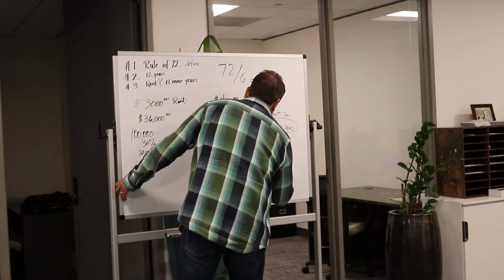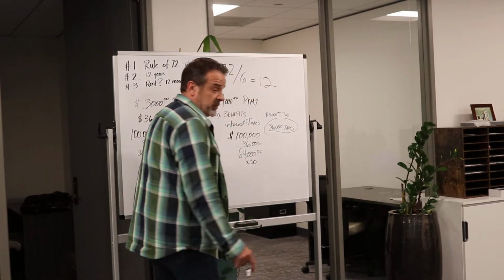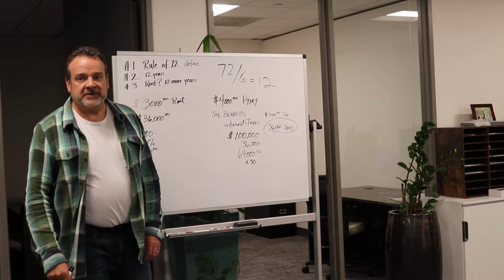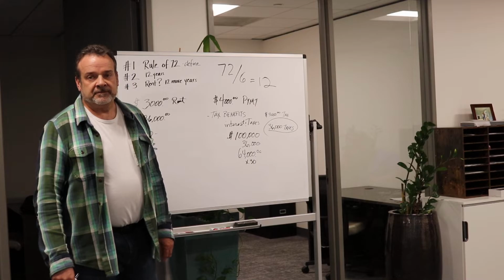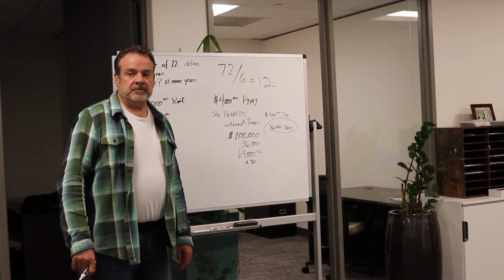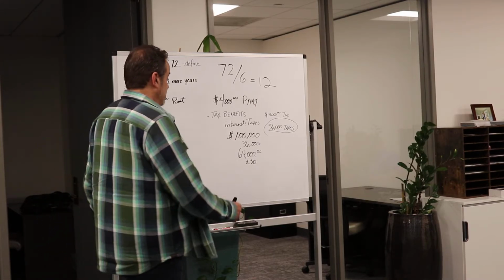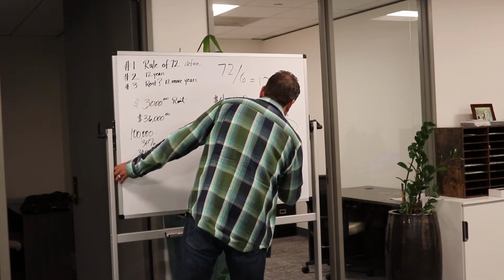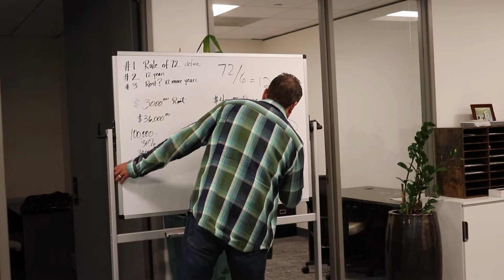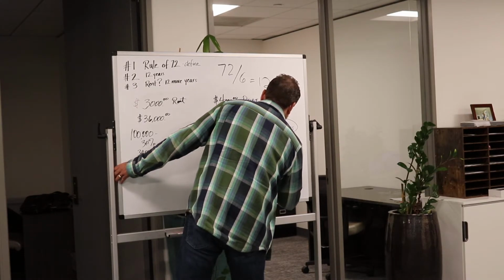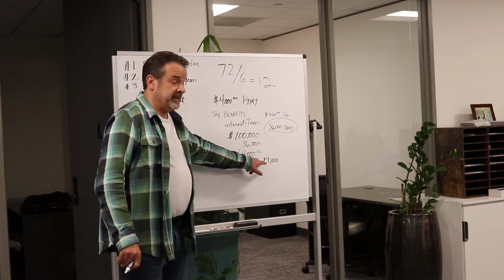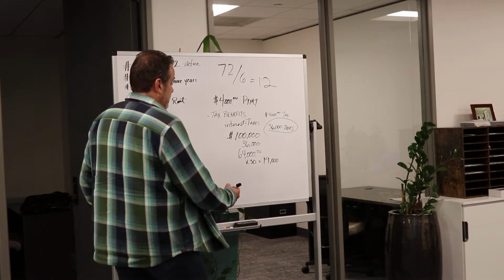So you multiply this by 0.30. What's 64,000 times 0.3? Mr. Calculator over there. $19,000. Thank you. 64 times 0.3 is $19,000. Divide that by 12.